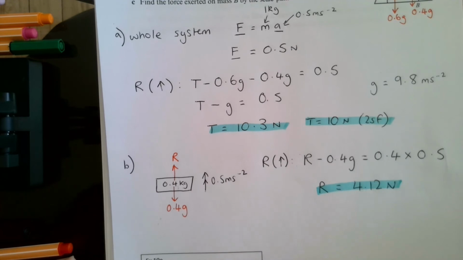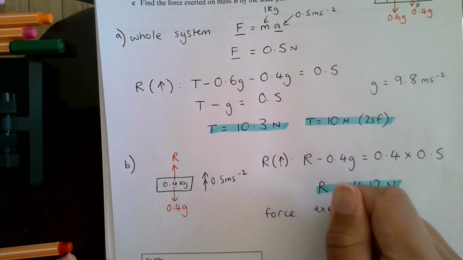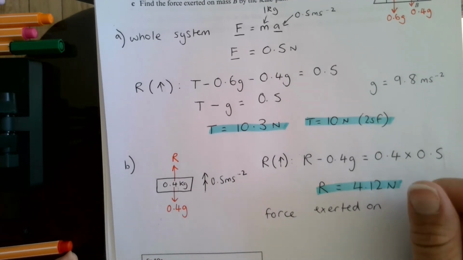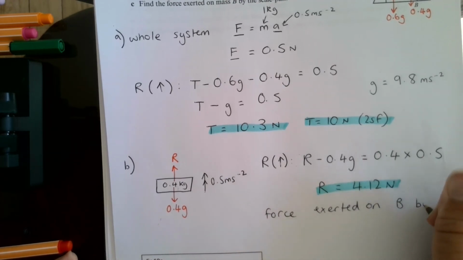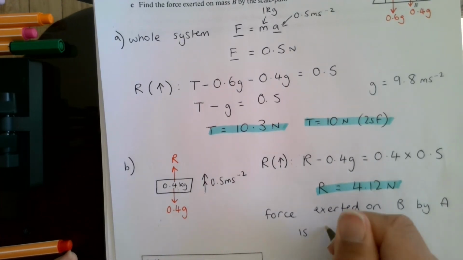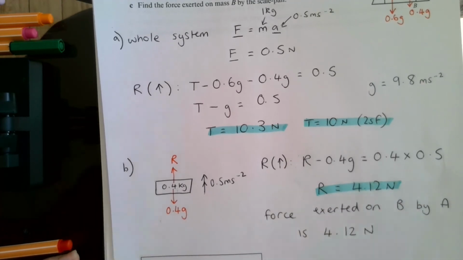And so just to make that super clear, I'm going to say the force exerted on B by A is 4.12 newtons.